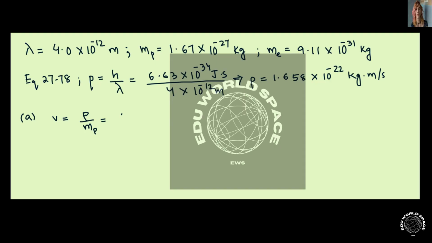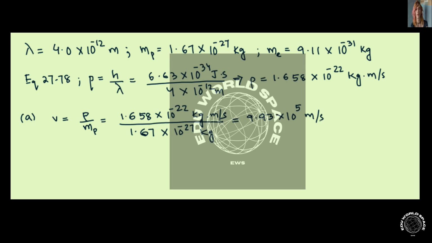We use the value of momentum we calculated here, over the mass of the proton, which I have written over here. And this gives the velocity to be 9.93 times 10 to the power 5 meter per second.